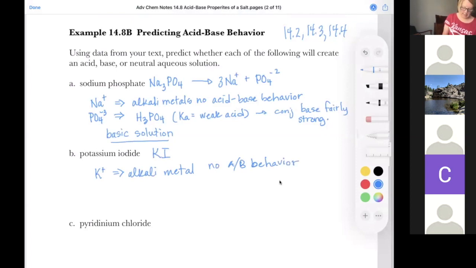The I negative also exhibits no acid-base character. So this solution would be neutral.